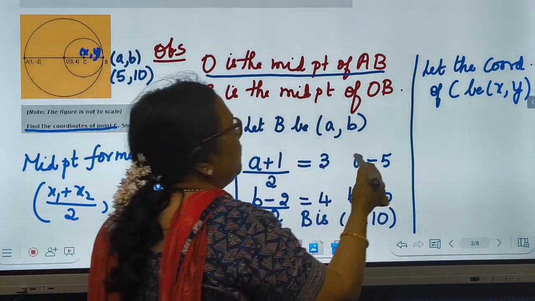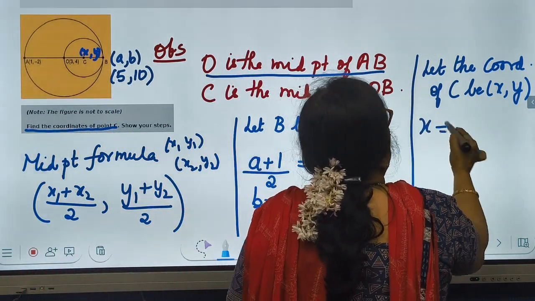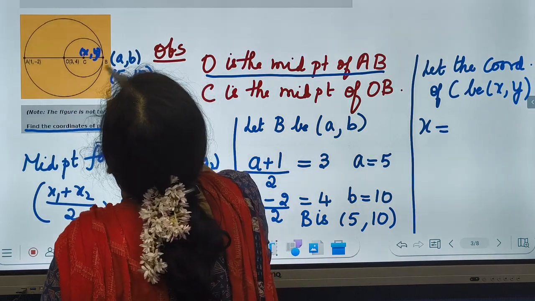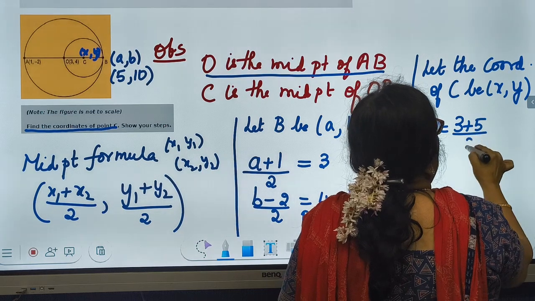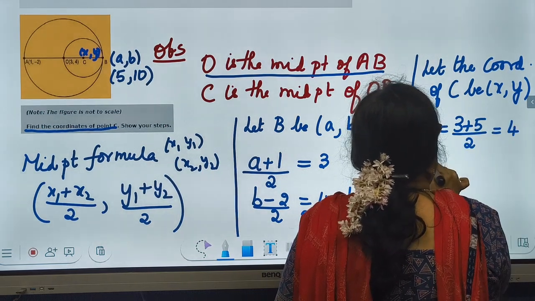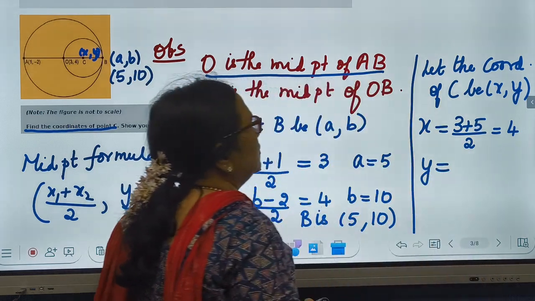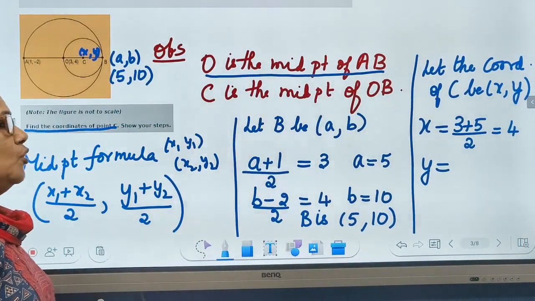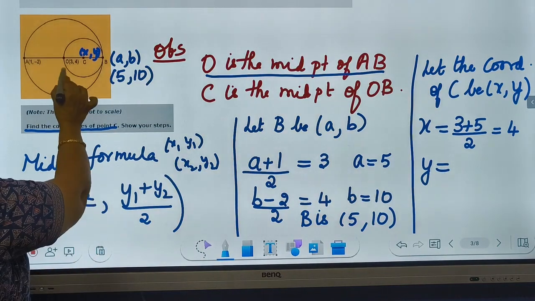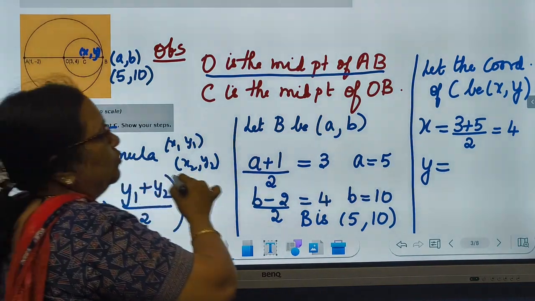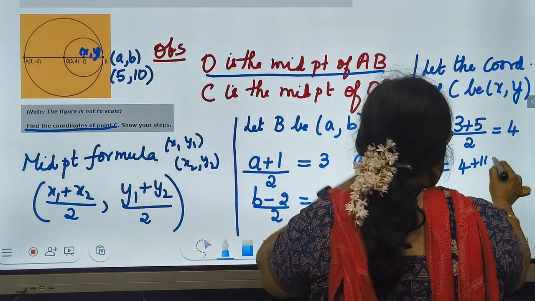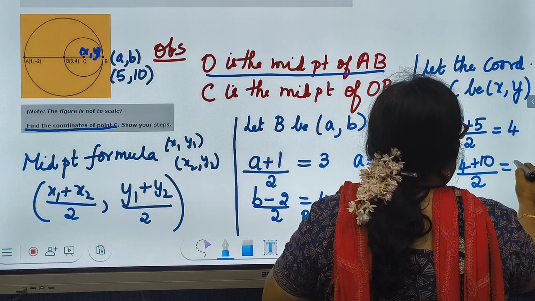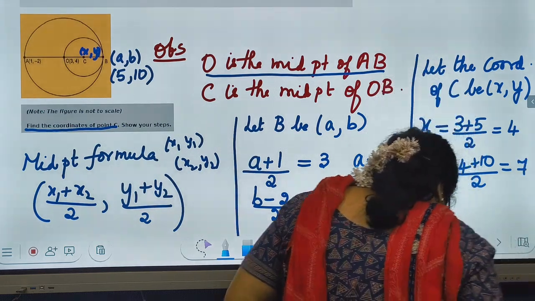Now by using the midpoint formula, x will be equal to (3 plus 5) by 2, which is 4. Y will be equal to, I am using (x1 plus x2) by 2, (y1 plus y2) by 2, (4 plus 10) by 2, which is 7.